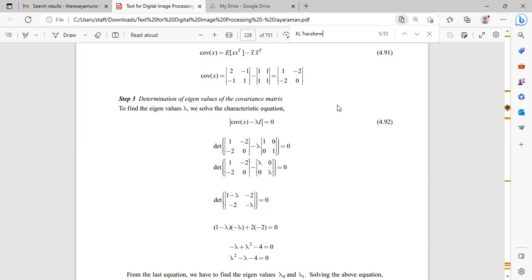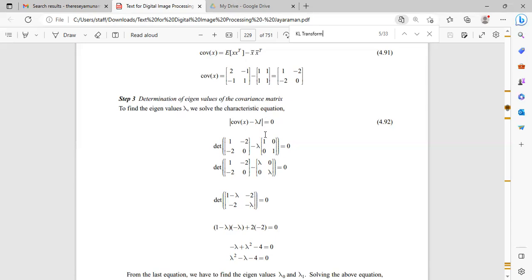So the eigenvalue of the covariance matrix can be found out using this equation. Covariance of X equal to lambda into I, where lambda is the eigenvalue and I is the identity matrix. So covariance of X minus lambda I will be equal to 0.